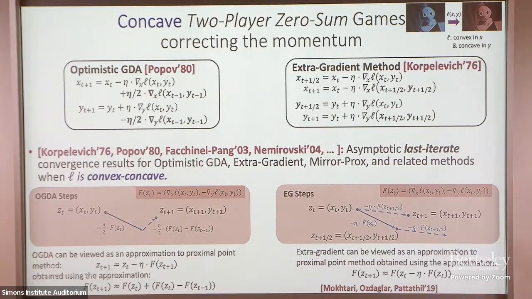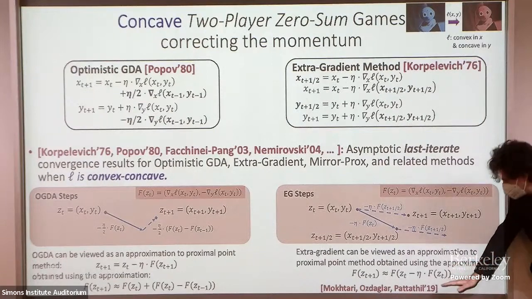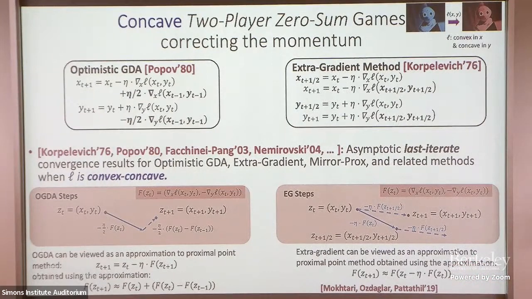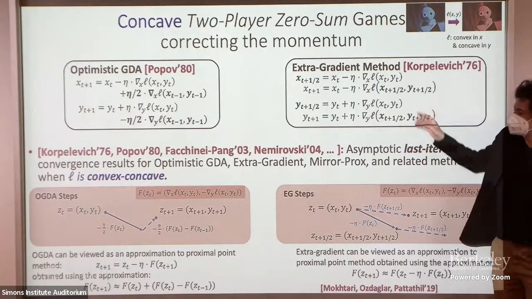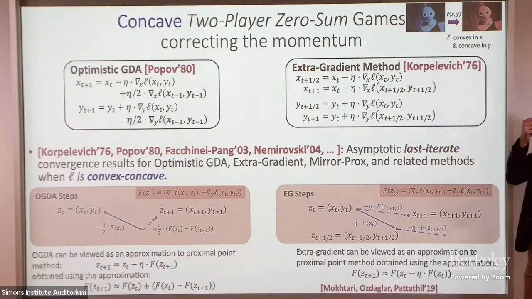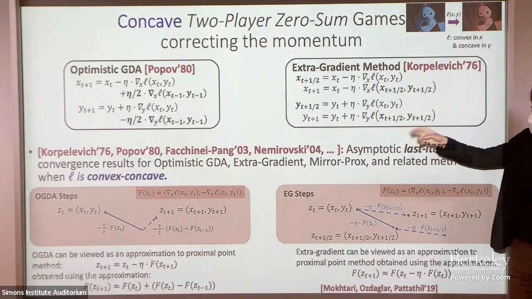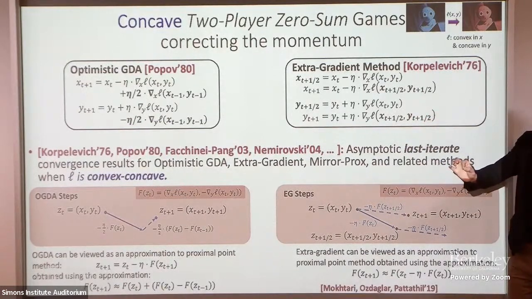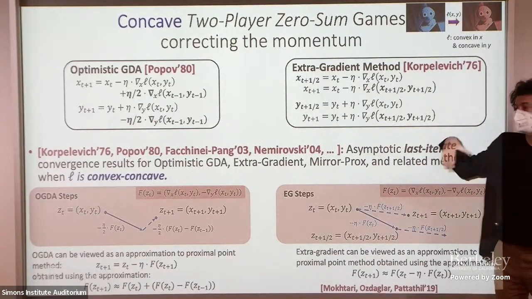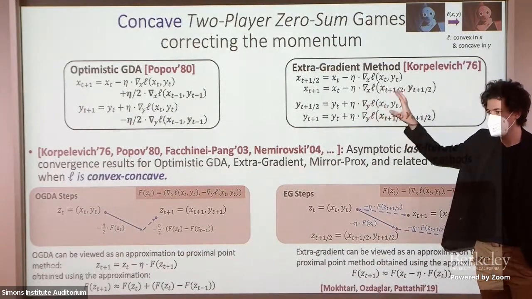I don't know if this is folklore, but it was recently used in a paper by Mokhtari to analyze these methods and establish some rates of convergence. What was classically known is, and that goes back to a question that Mike asked, what was known from classical results is asymptotic last iterate convergence of these methods to the MinMax equilibrium, and also rates for the average iterate.